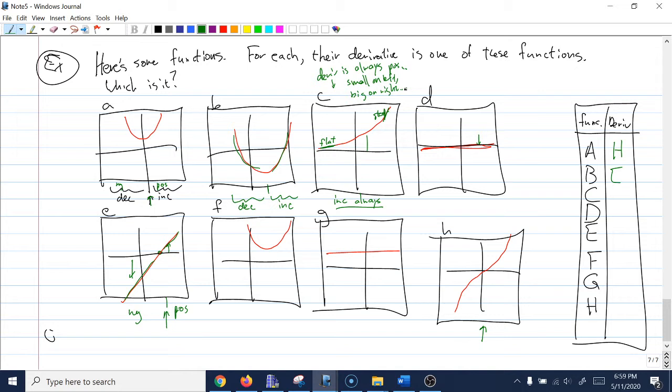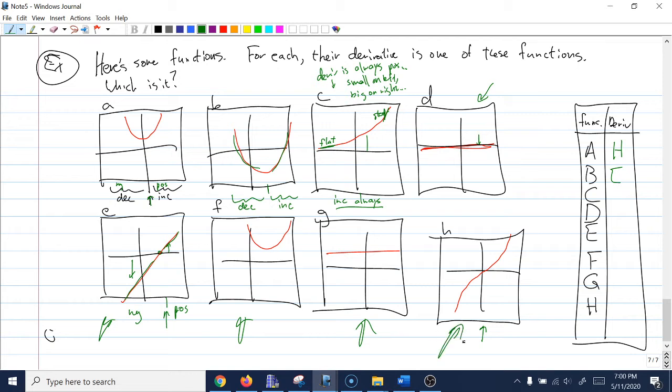I'm looking for a function that is always positive, but starts out small and ends up big. I'm looking for something that moves from being a small positive number on the left to being a big positive number on the right. And I go through, that doesn't look right, and that doesn't look right. And this one, that doesn't look right, and that's not doing it, and that's not doing it, and that's not doing it.